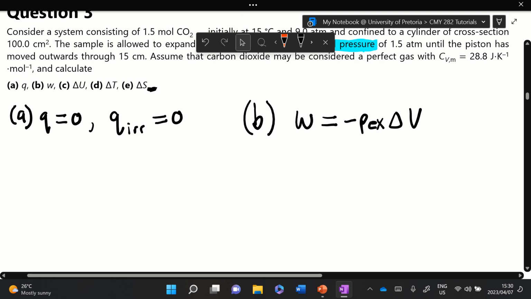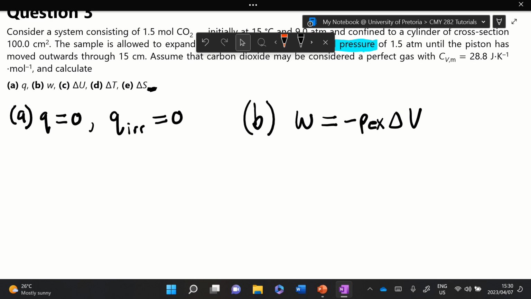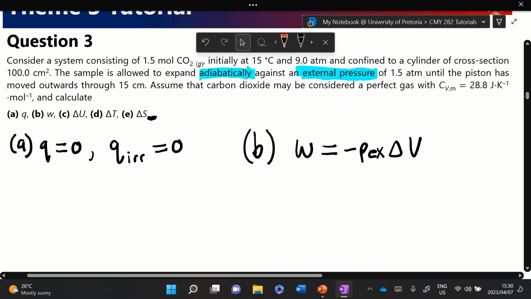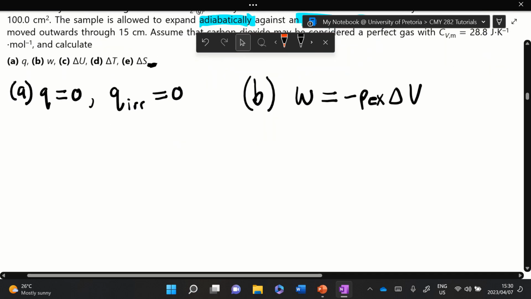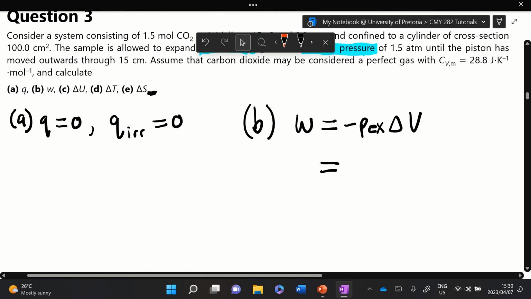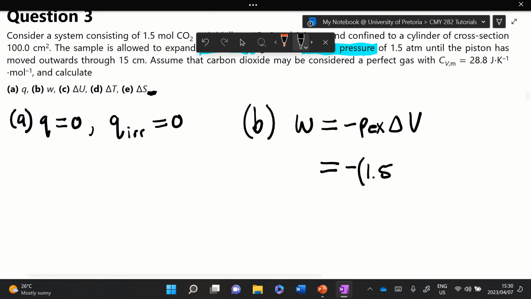In this case, we just have to think about how we're going to calculate delta V, because we're given the cylinder's cross section, in other words the area of the cylinder, and how much it's moved up. That's what we're going to use to calculate the volume. And then we're given the pressure. So we can plug that all in one step, because we're all really good at mathematics, so that shouldn't be a problem.